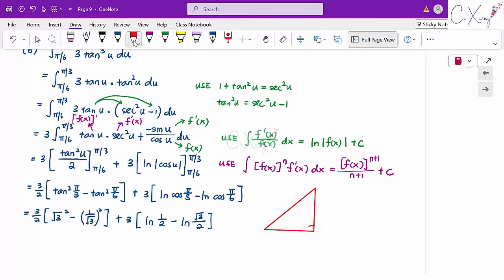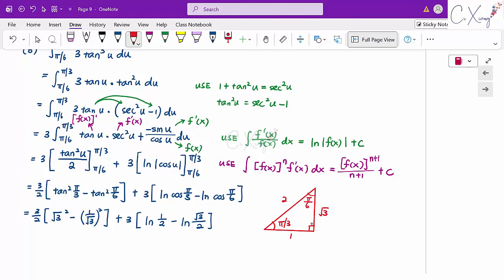Okay, so the first one is, for our example here, everything that we have is pi over 3 and pi over 6. I assume that this is pi over 3, which is 60 degree, and this is pi over 6, which is 30 degree. So sine 30 is half, therefore I'm having 1 over 2. Then this one should be a surd 3. So all this surd value actually is taken from this triangle.